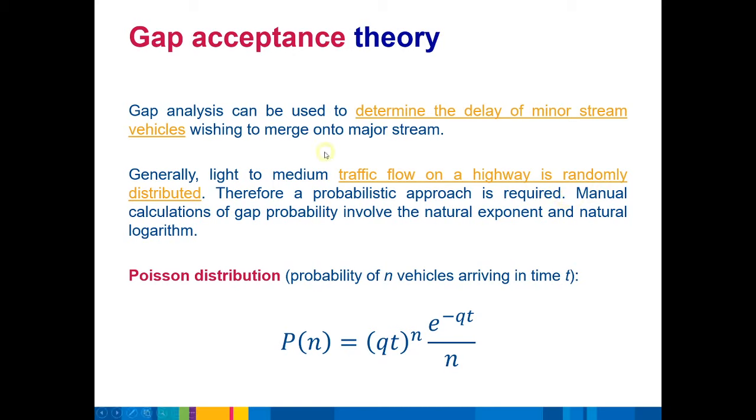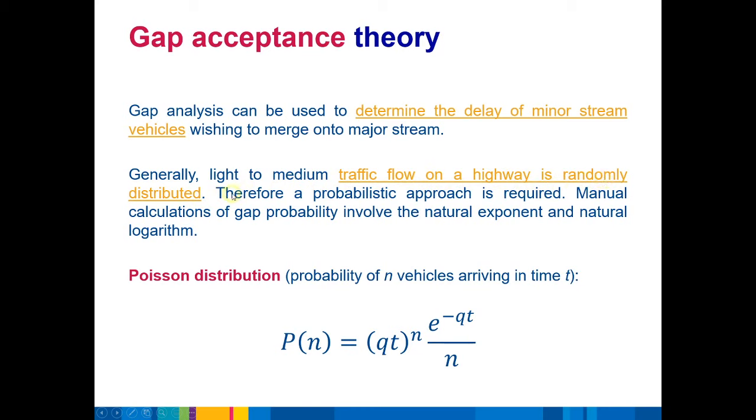Okay, gap acceptance theory looks at some kind of distribution in vehicles that are approaching a particular point. We can use gap analysis to determine the delay of minor stream vehicles that want to enter a major stream. The way we do this is we consider the traffic flow on the highway to be essentially randomly distributed.